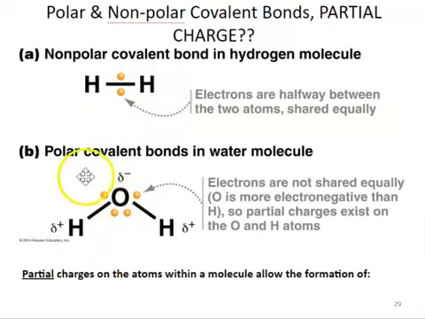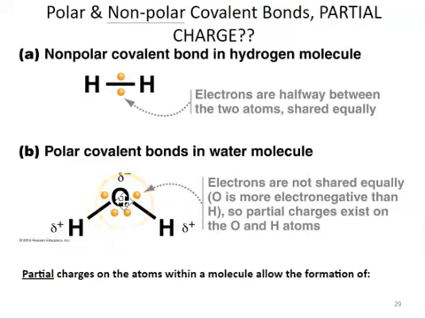Molecules that contain polar covalent bonds, like water molecules, that's a different story. These kinds of molecules can participate in hydrogen bonding. Polar covalent bonds means the shared electrons in the covalent bonds holding together all of the molecule or part of the molecule are not shared equally because some of the atoms have greater electronegativity than others.